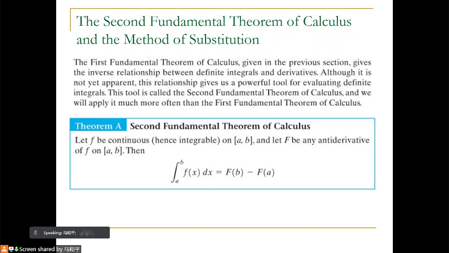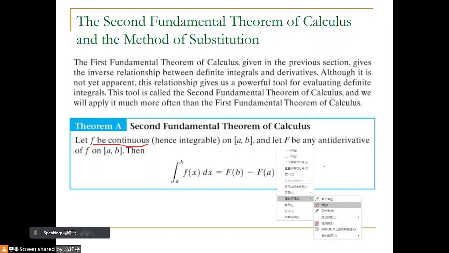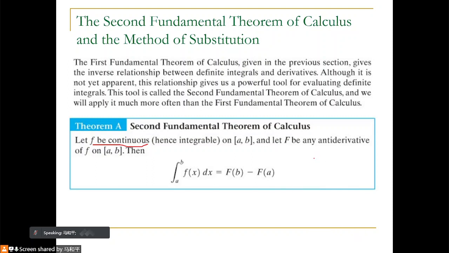Here, Theorem A. Let f be continuous, so it is integrable on [a, b], and let F be any antiderivative of f on [a, b], because f has infinitely many antiderivatives. Then this definite integral is equal to the difference of the antiderivative's values at points a and b.